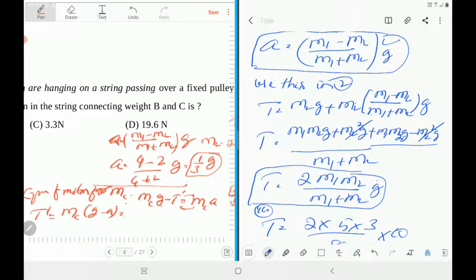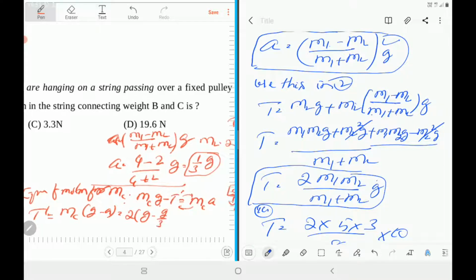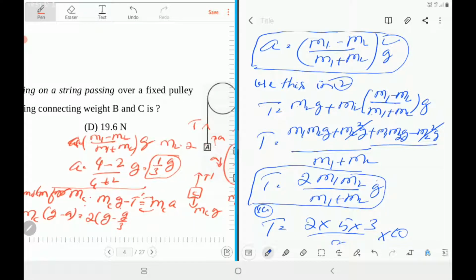Now what is mc? 2. g minus what is a? g by 3. Right? So you can simplify with LCM 3: 3g minus g, 2g. 2 times 2g is 4g. 4 by 3 into g.